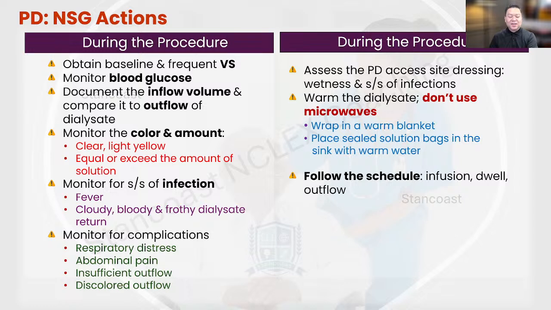So again, the temperature should be close to the body temperature. We don't want to use the microwave. We only have to use warm blankets, or we can place the sealed bags in the sink and run warm water to allow the change in the temperature of the dialysate solution.